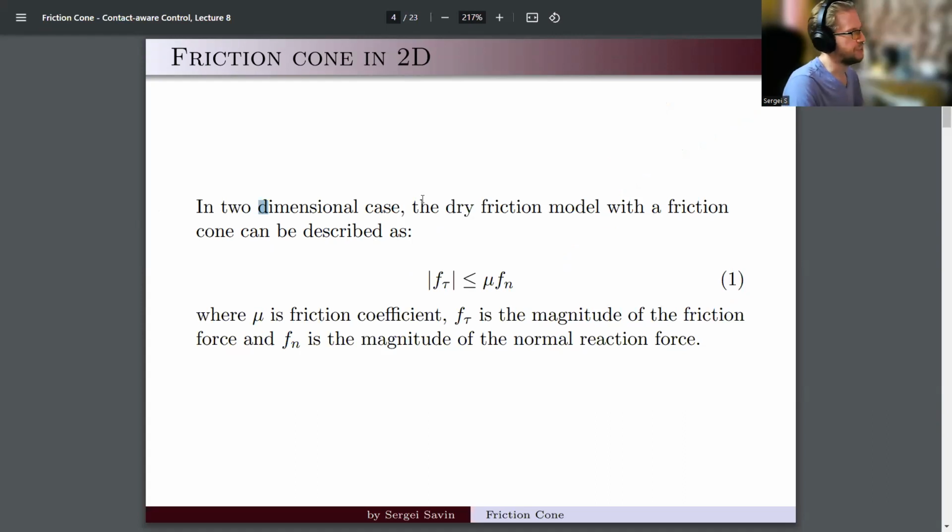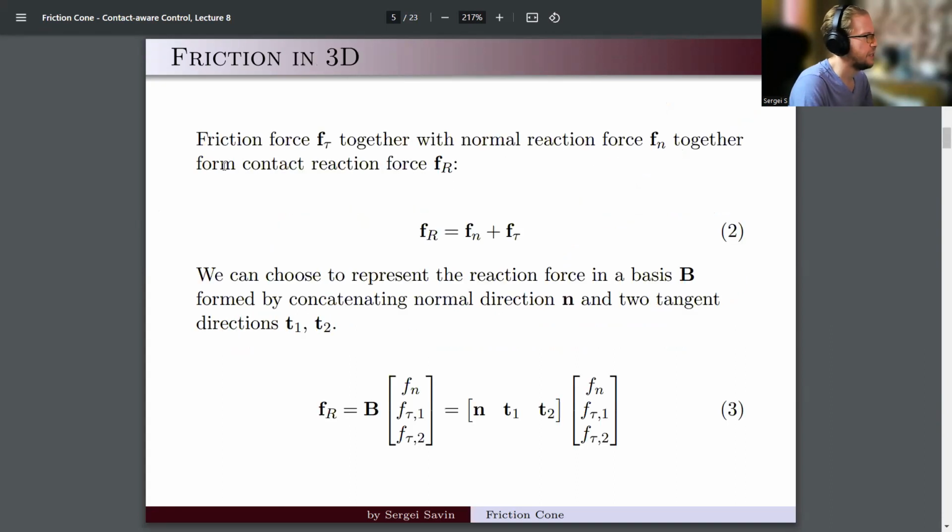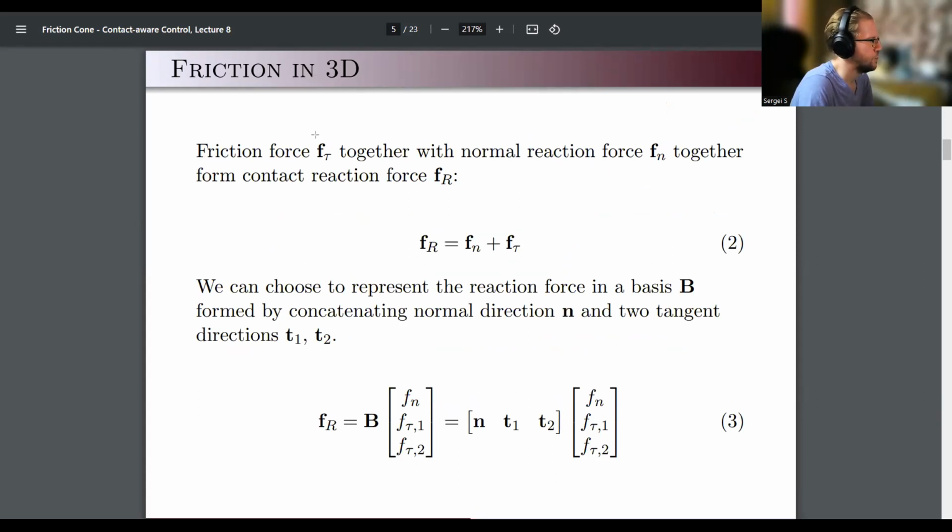Now, the two-dimensional case is very simple, but we usually have to deal with three-dimensional cases. In 3 dimensions, the friction force, which we would call F tau, together with the normal reaction force, forms the contact reaction force.